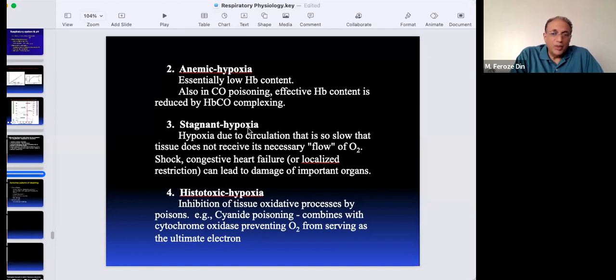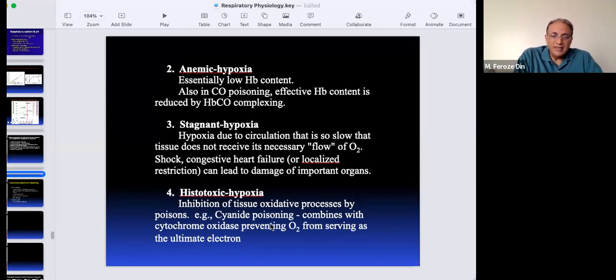There's the third one called the stagnant hypoxia, where this is due to the lack of flow of blood, not of oxygen. So that when there's heart failure, the patient is not able to pump the blood full of oxygen around the body, then that may result in what is called stagnant hypoxia. These are ways of looking at why this respiratory system may fail.